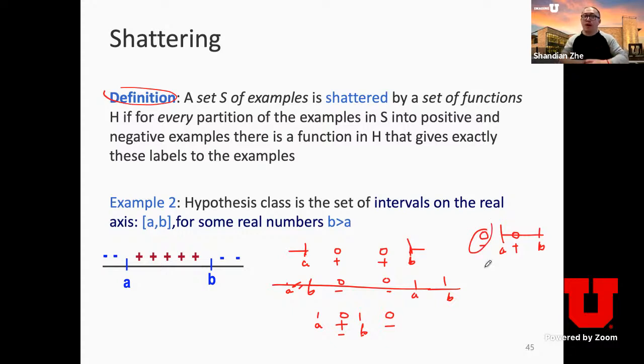So now we have checked all 4 labeling schemes. In each labeling scheme, we find a particular instance in our hypothesis space which gives correct prediction on both points. And then we conclude that our free interval hypothesis space can shatter 2 points.